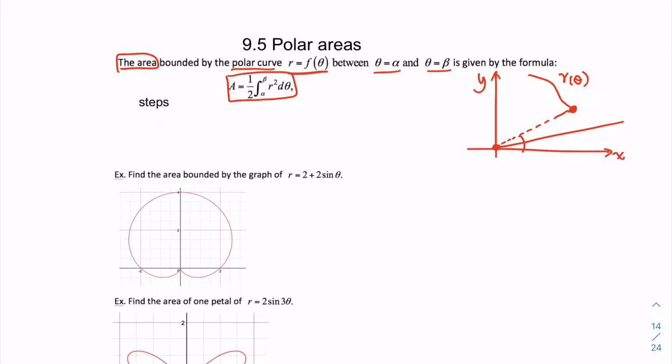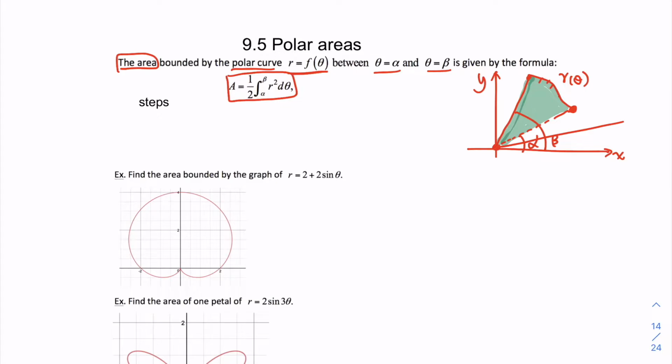This is our angle alpha. And then as this ray follows the curve, it will go to the end point. So this is our beta. The area covered by both rays and r of theta gives us the area calculated by the formula.